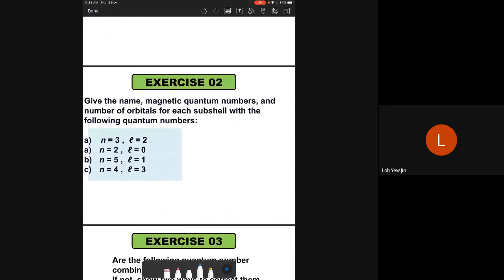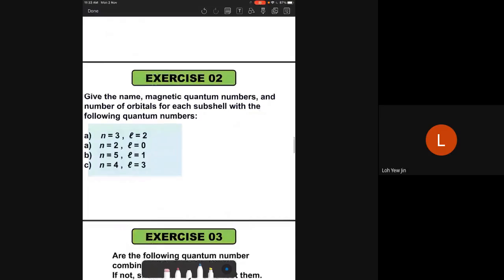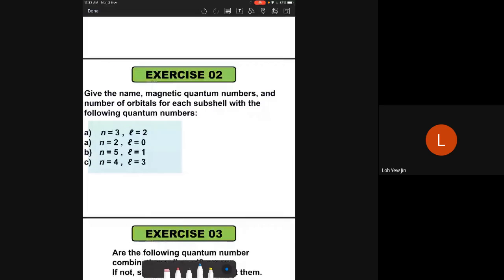Hello, doctor. For exercise 2, the B, n equal to 5, the name of the orbital is what? Because we only learn SPDF.